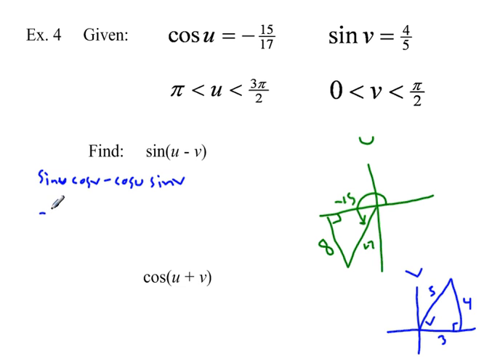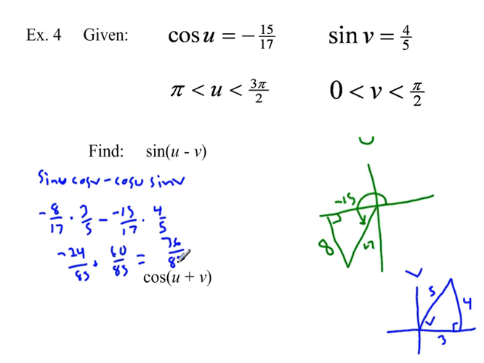So looking at the sketches, that gives me negative 8 over 17 times 3/5 minus negative 15 over 17 times 4/5, which is equivalent to negative 24 over 85 plus 60 over 85, which equals 36 over 85. So if we were to subtract these two angles, the sine of that new angle would be 36 over 85.